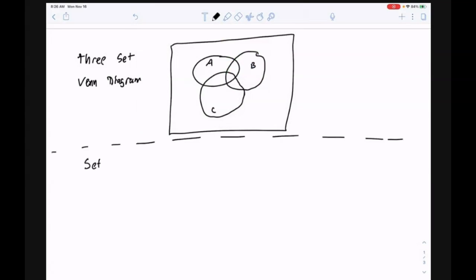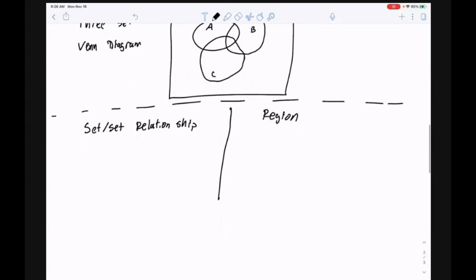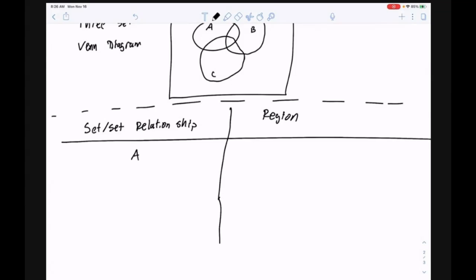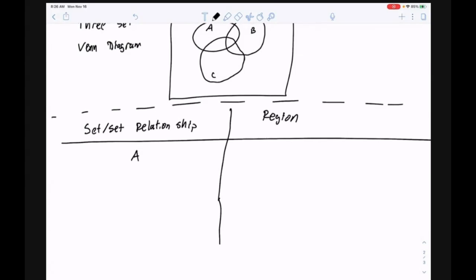So we're going to have the set relationship and the region. The first one is just making sure that we understand when I say set A, what is the region that I'm referring to?